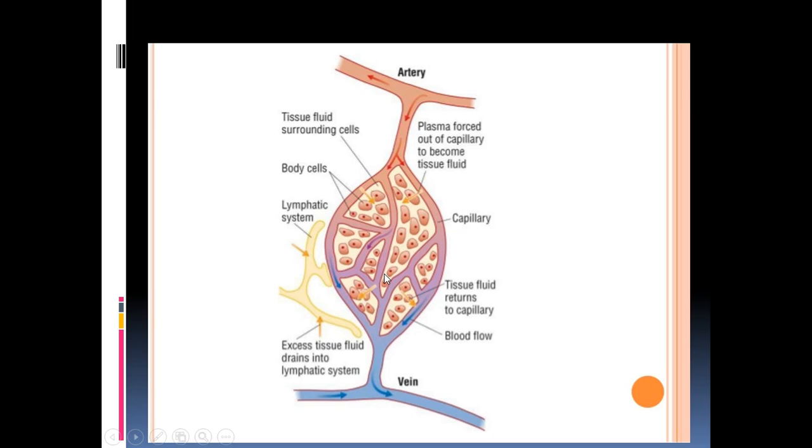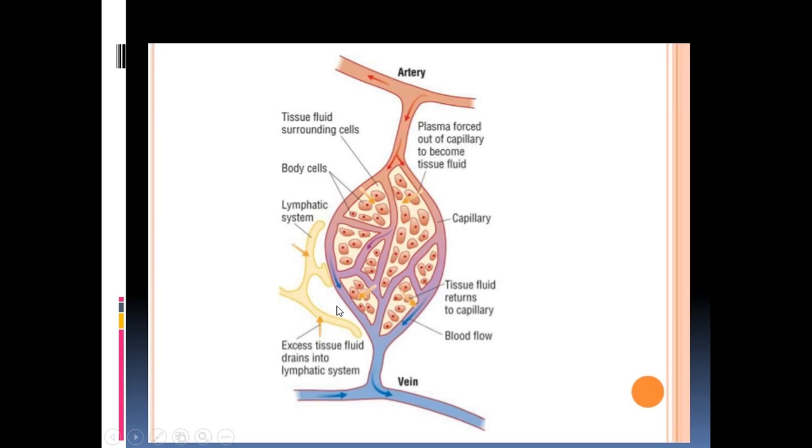In other words, we can say that tissue fluid has higher water potential than the capillaries. And this will cause tissue fluid to move back into the capillaries, especially near the venous end. So the tissue fluid that has already moved out tends to move back into the blood capillary at the venous end.